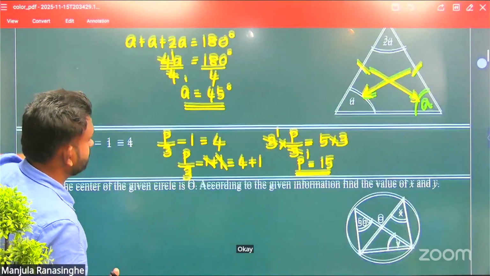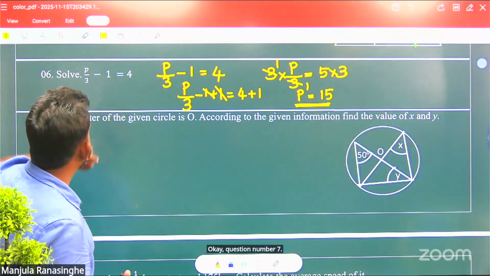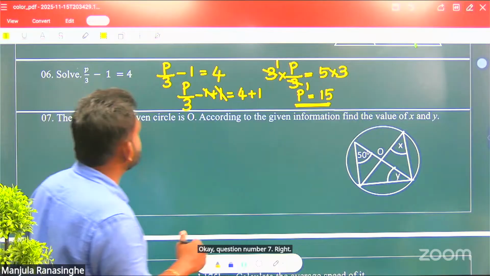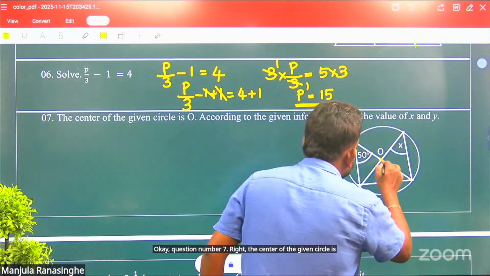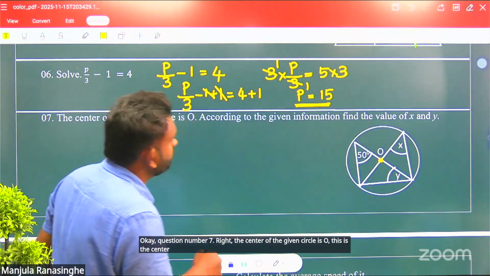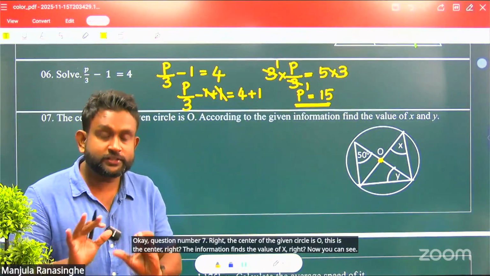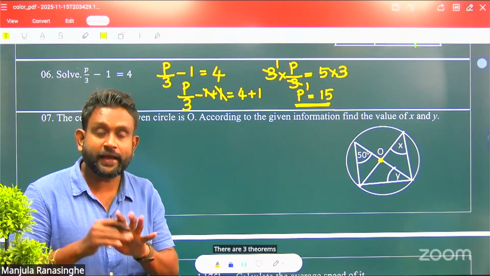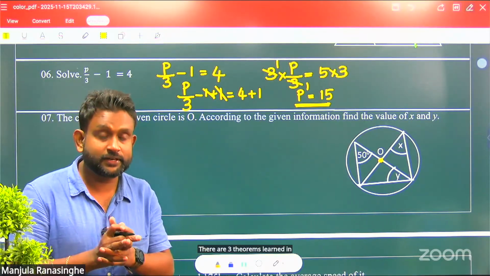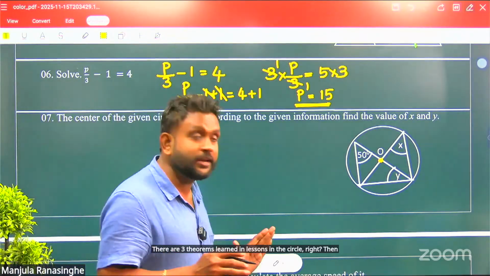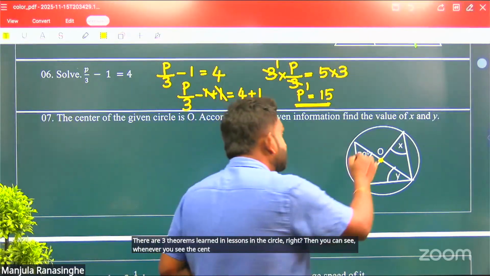Okay, question number 7. The center of the given circle is O. This is the center. Find the value of x. Now, there are three theorems learned in the angles lessons in the circle. Whenever you see the center, it marks the diameter.